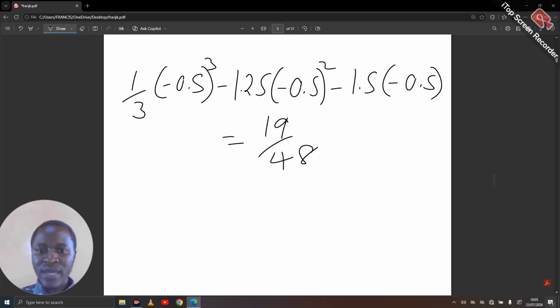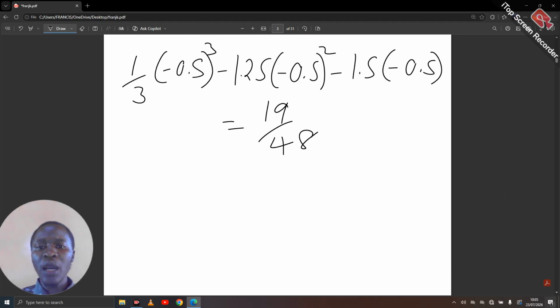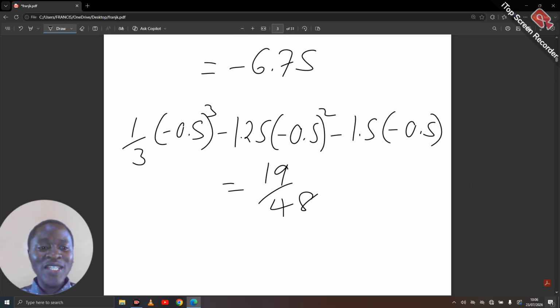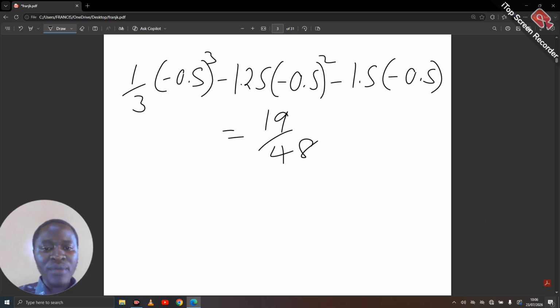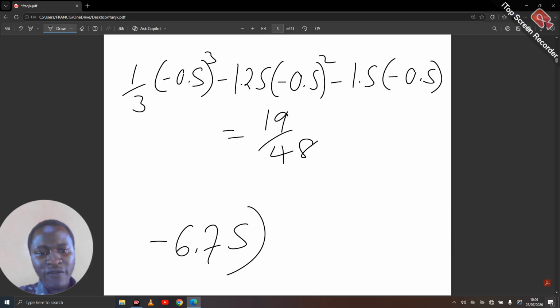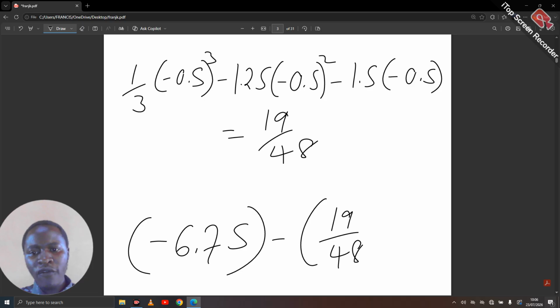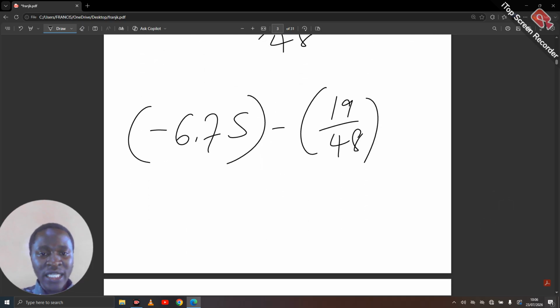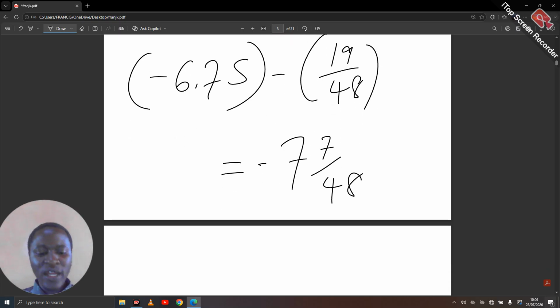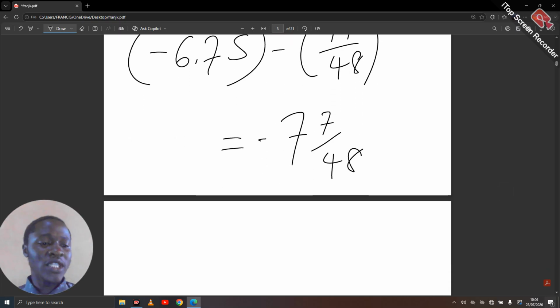Now, after having this, you get the difference. It will be negative 6.75 subtract 19 all over 48. Doing this, you will get negative 7 all over 48. Now, I want you to note this.